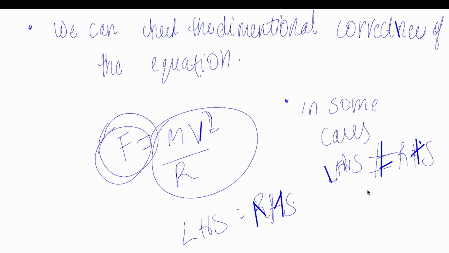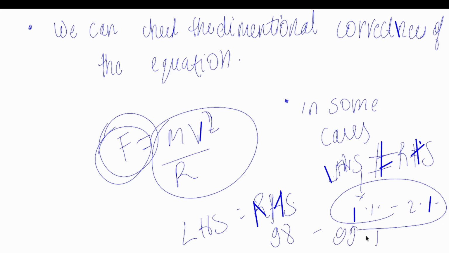In some cases LHS is not equal to RHS, but this is only 1 to 2% of all the formulas in physics. In 98 to 99% of the cases, LHS is equal to RHS. But we have to be careful and check this, because in some exams they can give LHS not equal to RHS, and we might lose our marks. Okay.